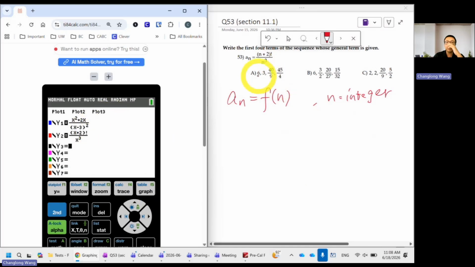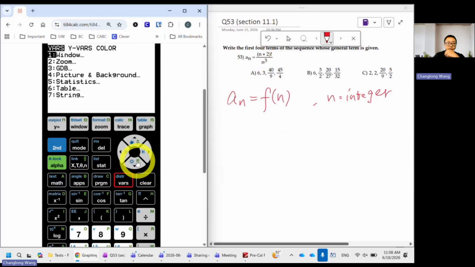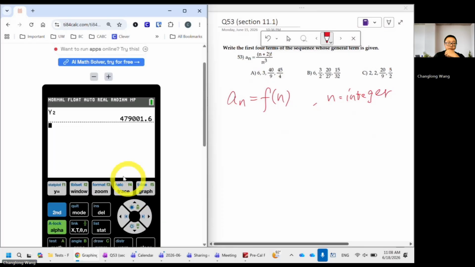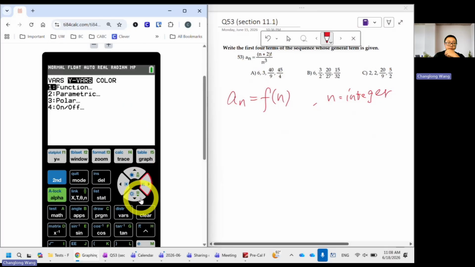So all I need to do is feed the numbers 1, 2, 3, 4 to give me the first 4 terms, right? So let's call on the function y2. Oh shoot. What did I do? Variable function.